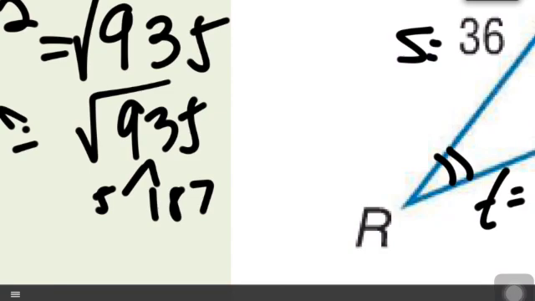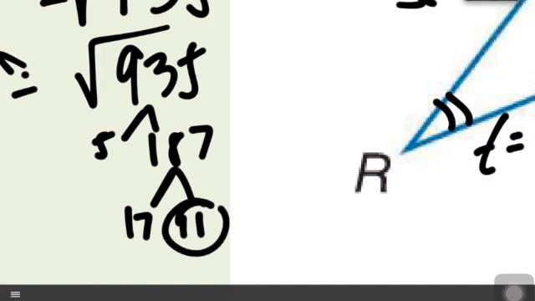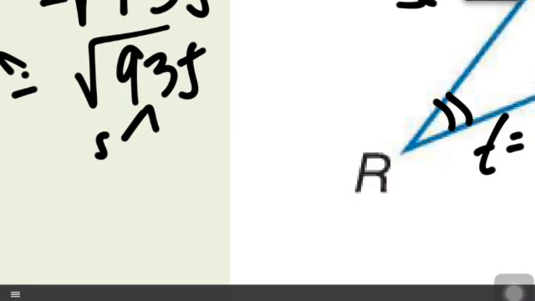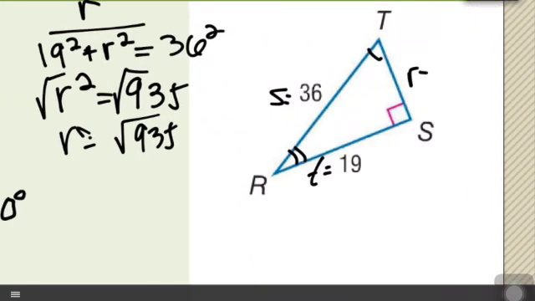Oh yeah, 17 and 11. But both of those are prime numbers, so I still don't have any pairs. So no pairs here. We're just going to leave it as the square root of 935. All right, so side R is now equal to the square root of 935.